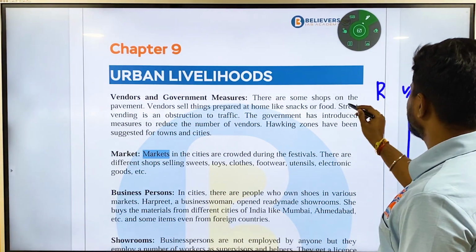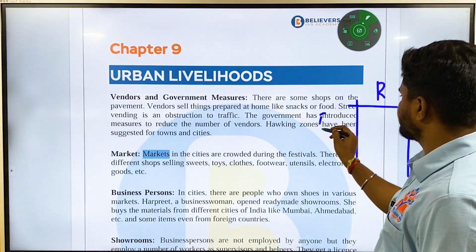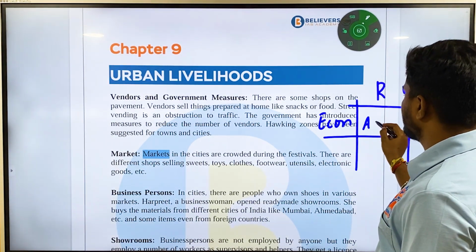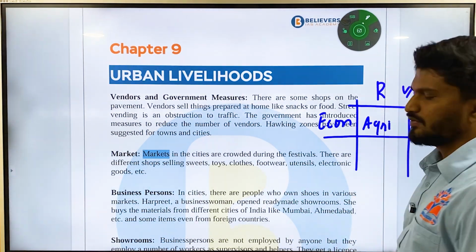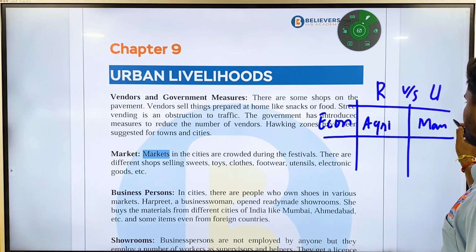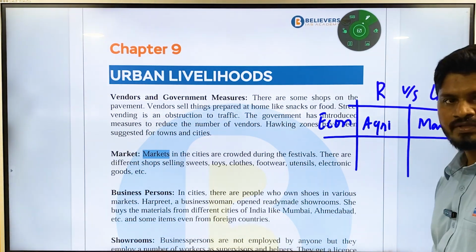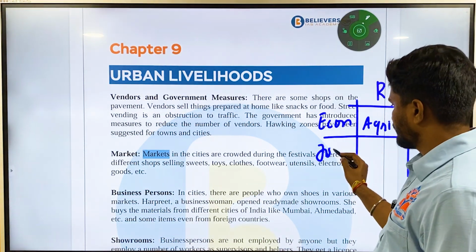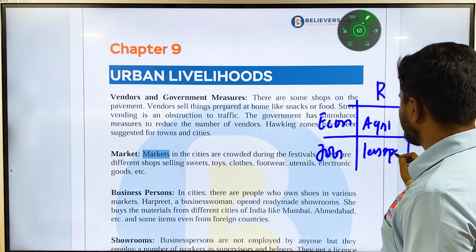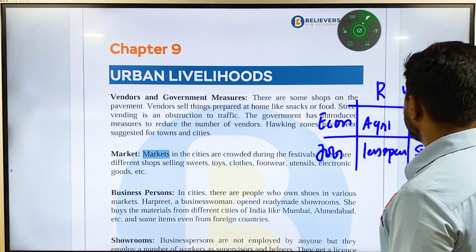The main difference here is the economy. In rural areas the economy mainly revolves around agriculture, whereas in urban areas it revolves around manufacturing and services. The jobs here are less specialized, while here they are more specialized.